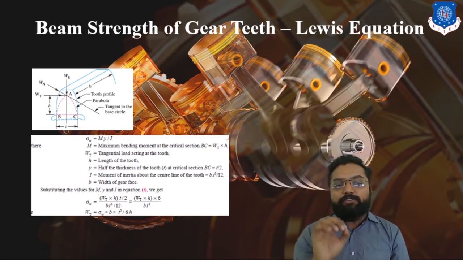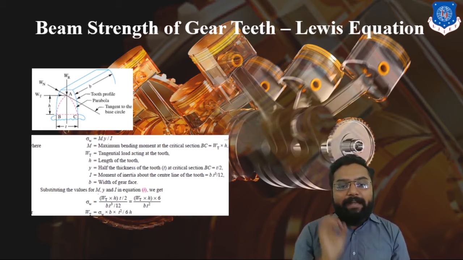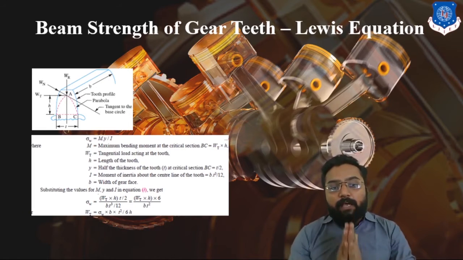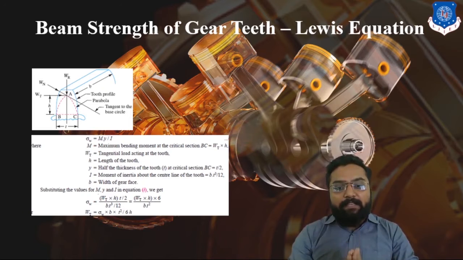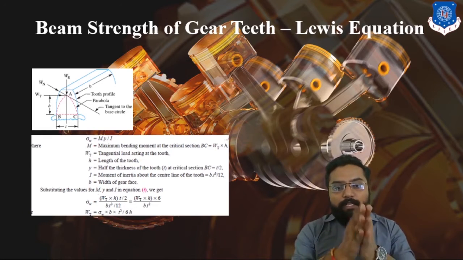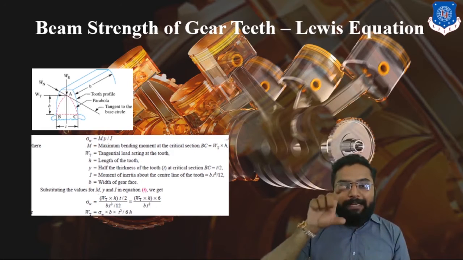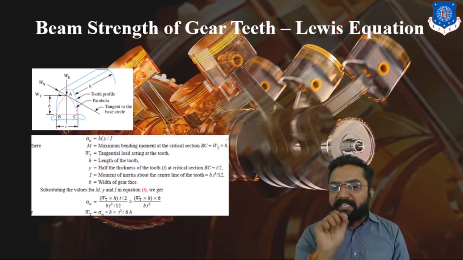Depending on that, we have derived the equation σw = My/I, where σw is the bending stress generated due to this Wt force through that height h at base BC.